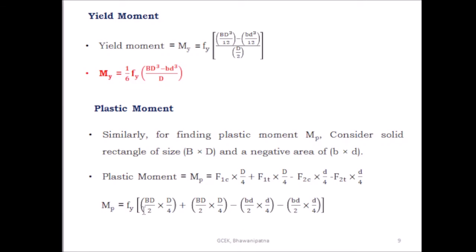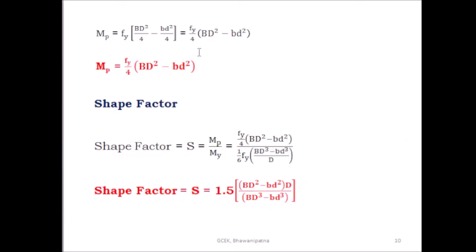Then after taking the common Fy, MP is equal to Fy into [BD by 2 into D by 4 plus BD by 2 into D by 4 minus small bd by 2 into d by 4 minus small bd by 2 into d by 4]. Then after simplification, the plastic moment is equal to Fy by 4 into (capital BD square minus small bd square).